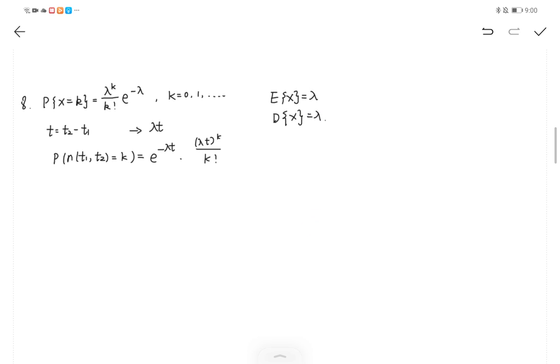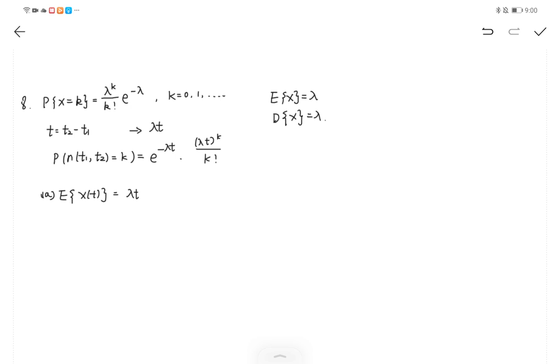So for the Poisson process, for question A, we can find the expectation of the Poisson process is lambda t, because the parameter changed from lambda into lambda t.